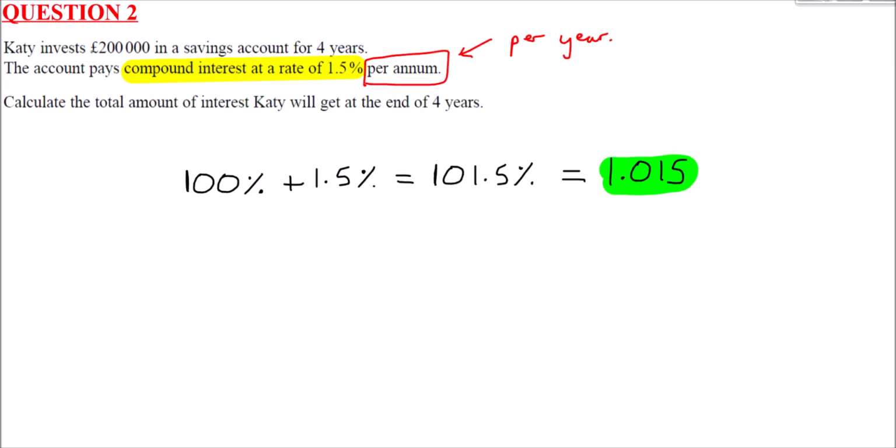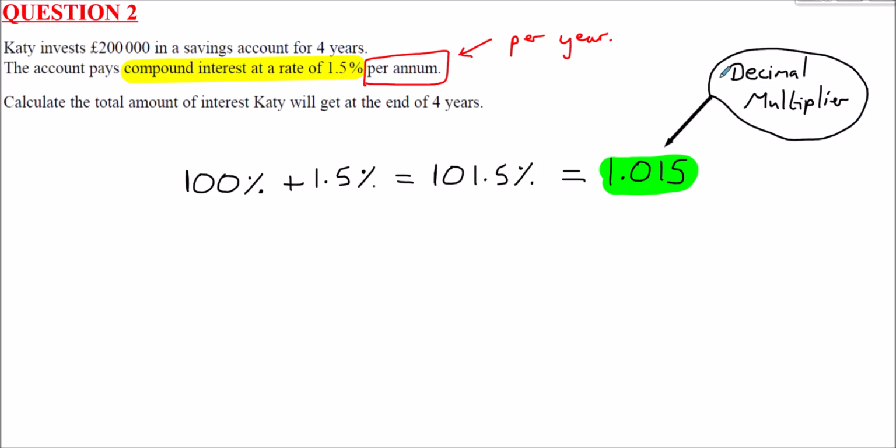That's the number I like to call the decimal multiplier. There is a slower method for compound interest questions where you can draw a table. I'm just showing you the one method here today. But the decimal multiplier tells us what to multiply the initial value by for each time period the interest is given.